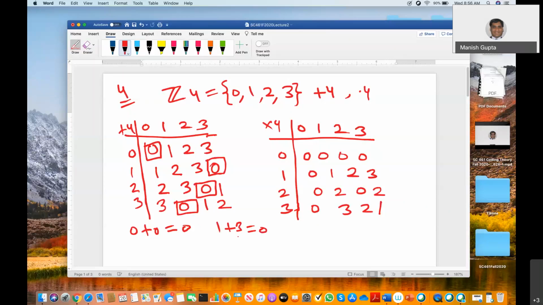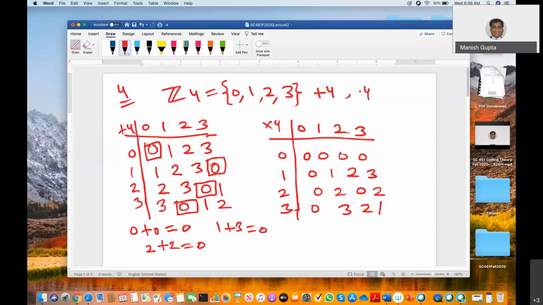So 1 and 3 are inverse of each other. 0 is invertive. But what about 2? 2 plus 2 is 0. So 2 is self-invertive here, right?